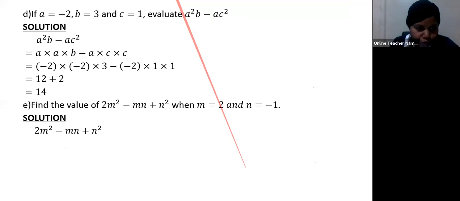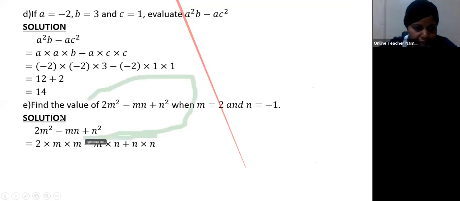So we have 2m squared minus mn plus n squared. So m squared means m times m. This m squared is the same as m times m. Mn is the same as m times n.